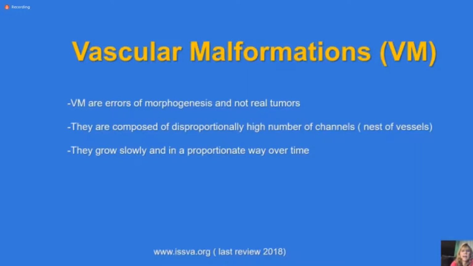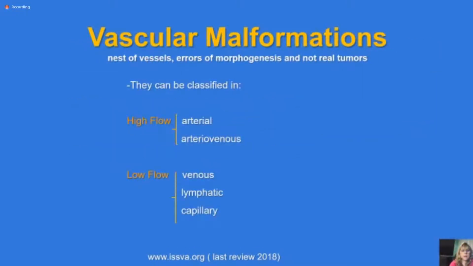These are errors of morphogenesis, and they are composed of disproportionately high numbers of channels or nests of vessels. They tend to grow slowly and in a proportionate way over time. They can be classified in high flow and low flow. The high flow are the arterial and arteriovenous, and the low flow are the venous, lymphatic, and capillary.